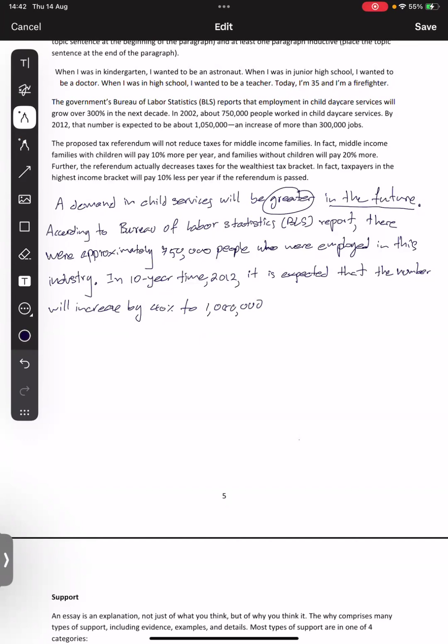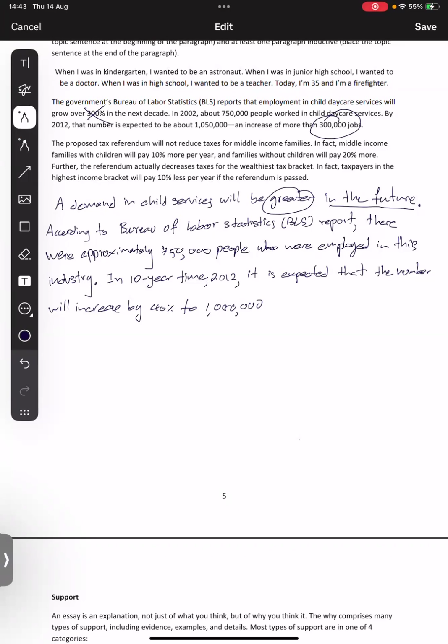Okay. And this is an increase by how much? It's 1,050,000 minus 750,000. Yep. Turns out this number is actually correct, but this is wrong. Okay.